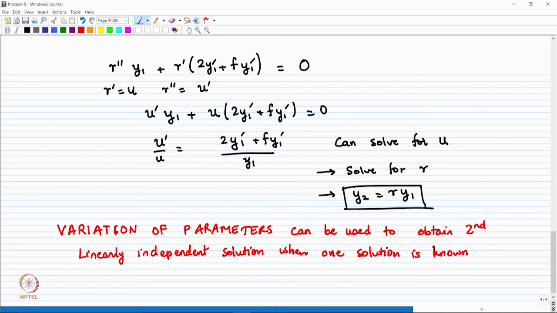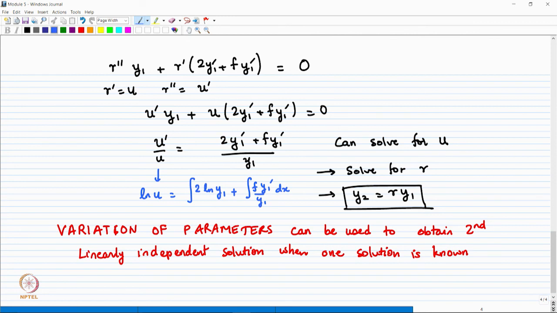Incidentally, just to say a little bit about this, when you integrate this you will get ln of u is equal to the integral. Now you get 2 y1 prime by y1, so that is twice ln y1, plus the integral of f y1 prime by y1 dx.